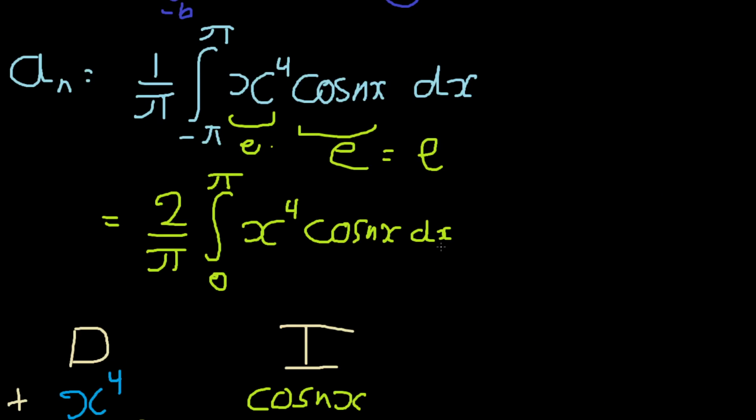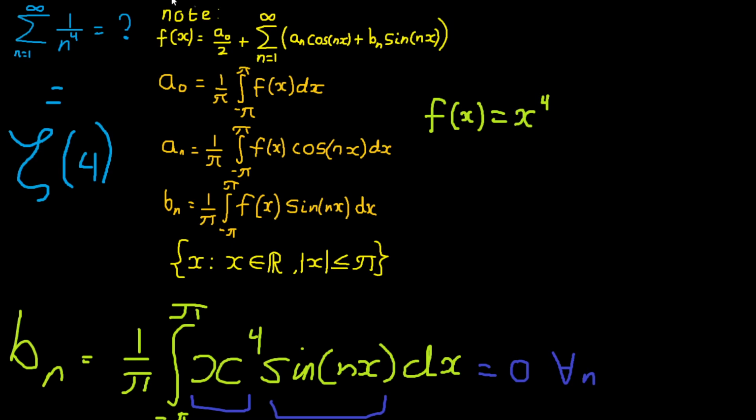So zeta of 4 is 90. Oh sorry, pi squared over 90, my bad. Pi to the fourth over 90.